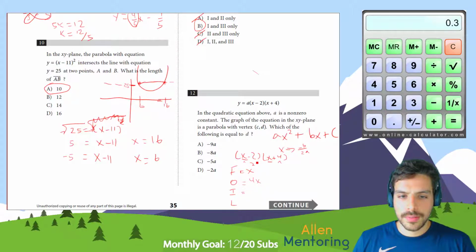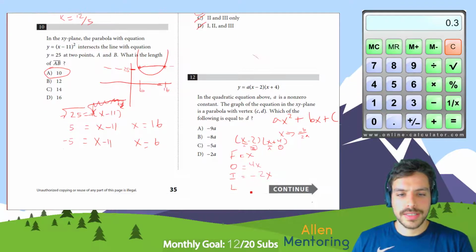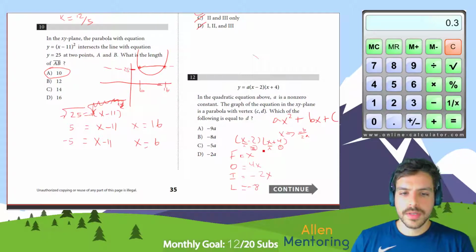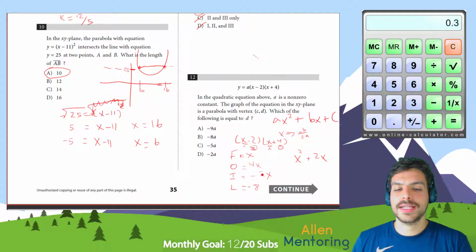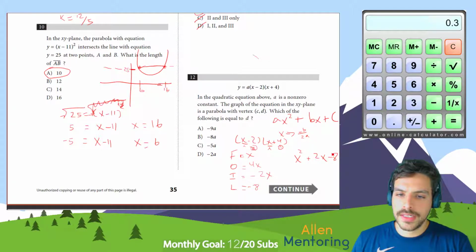Inner means inner times inner, so that's going to be negative 2x. And last means last times last, so that's going to be equal to negative 8. So if I combine these, I'm going to have x squared plus 2x, because I'm adding 4x minus 2x, and then I'm going to add negative 8 at the end.